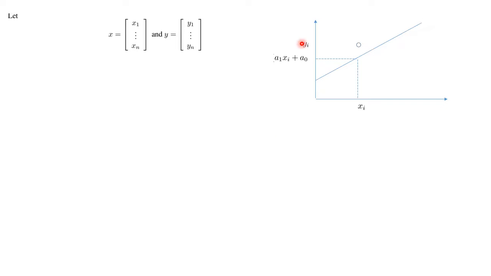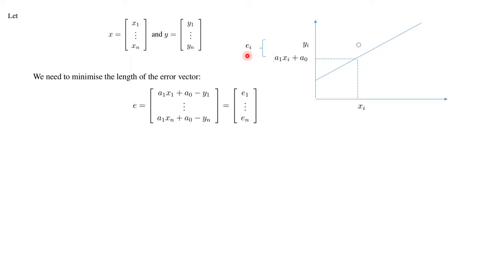And there's the corresponding yi, the data point. So there's xi, yi, the ith data point. And here is the ith value of that fitting function. And in general, there'll be some error between these two. And we'll call that ei. So e is a vector whose components are these errors.